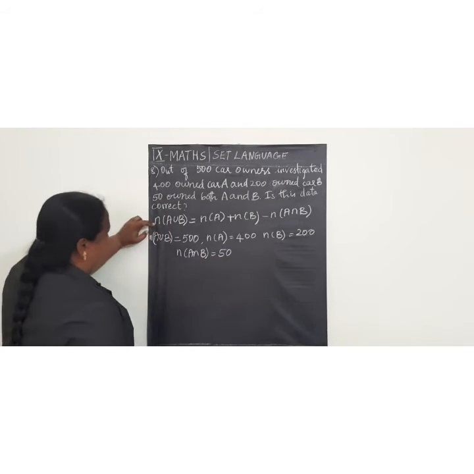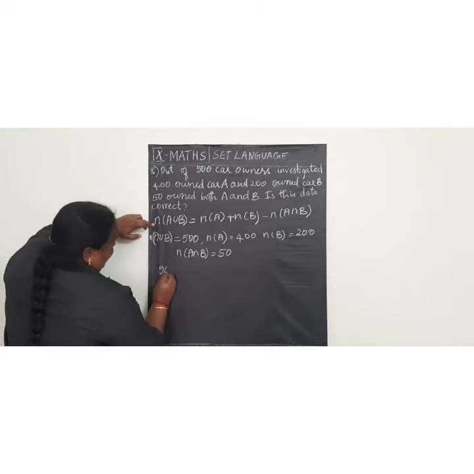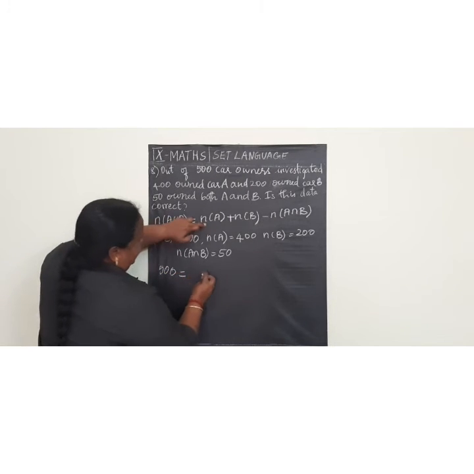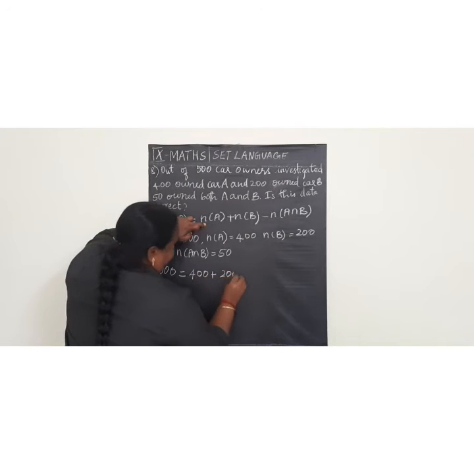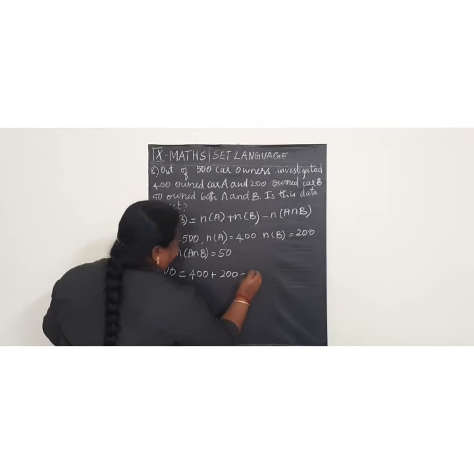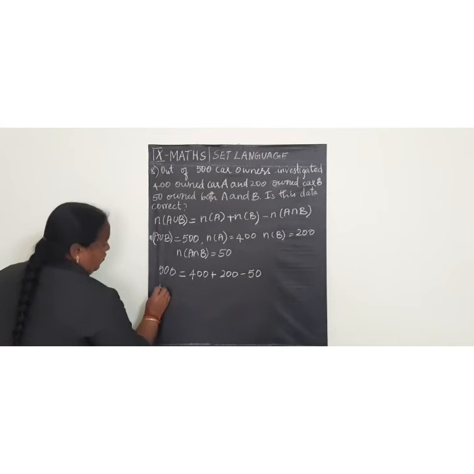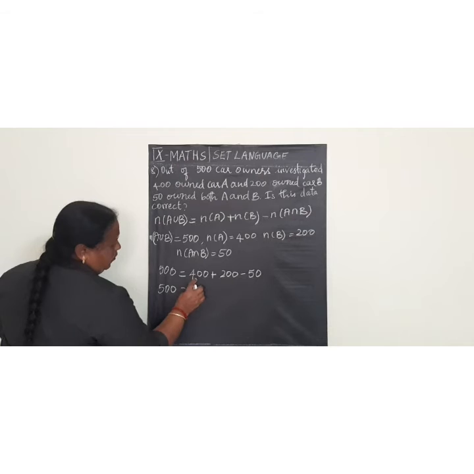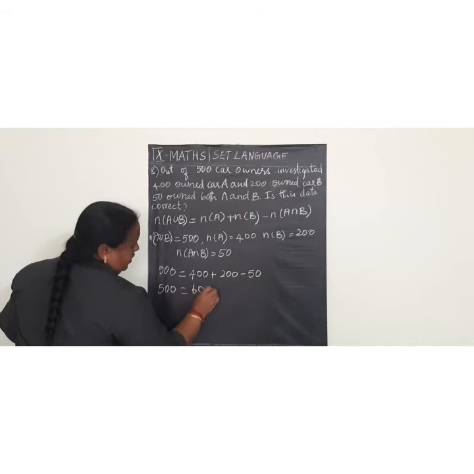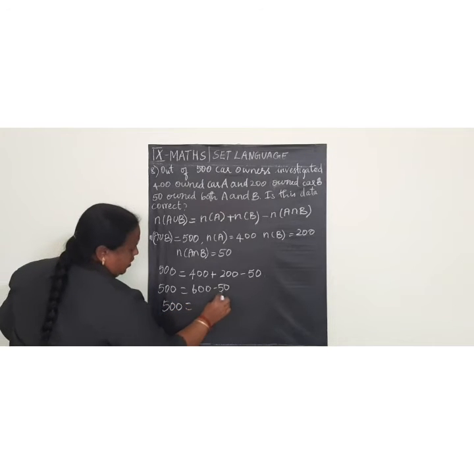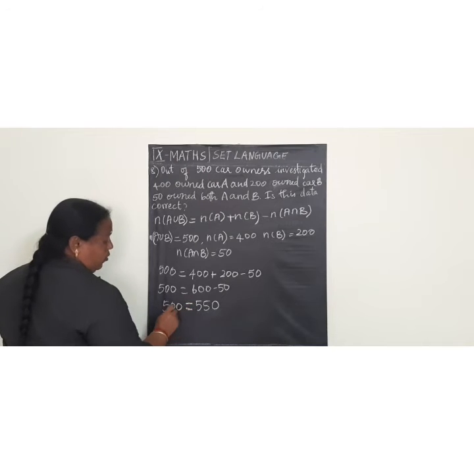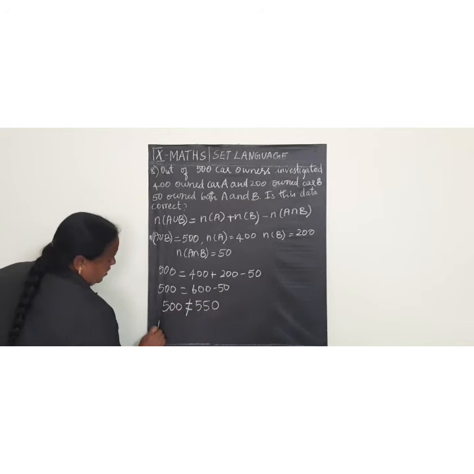Now we substitute: n(A ∪ B) is equal to 500, and on the other side n(A) 400 plus n(B) 200 minus n(A ∩ B) 50. Now 400 plus 200 is 600, minus 50 is 550. So 500 is not equal to 550. Both are not equal, so this data is incorrect.